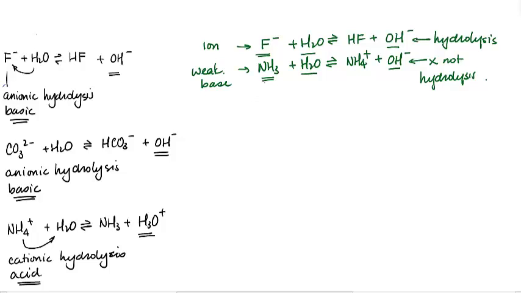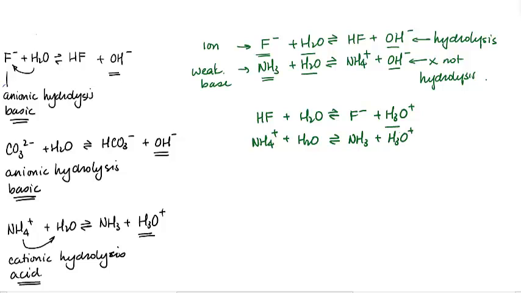Similarly, if I take a look at a weak acid reacting with water, for example, if I now take HF and I react it with water, I form F- plus hydronium ion. Similarly, I can have NH4+ reacting with water, and again this will also form a hydronium ion. So in both cases hydronium ion is formed and they both react with water, but when we analyze this, the NH4+ is an ion, and so as a result this would be our hydrolysis equation.